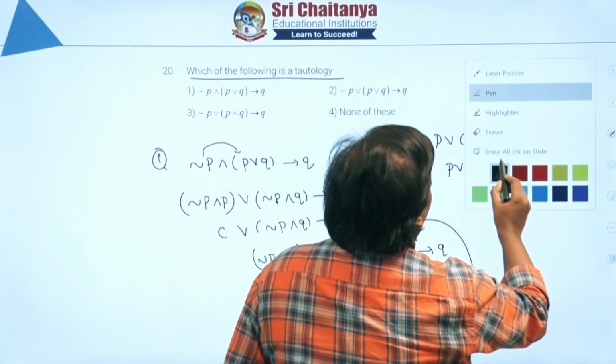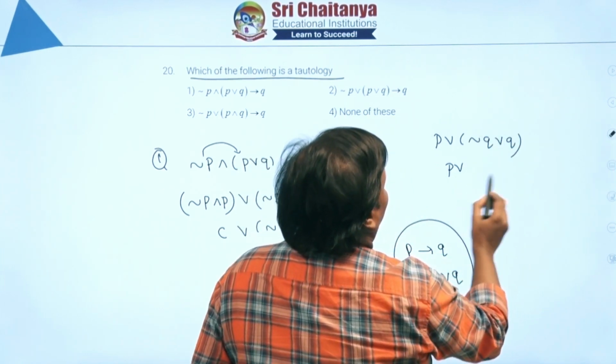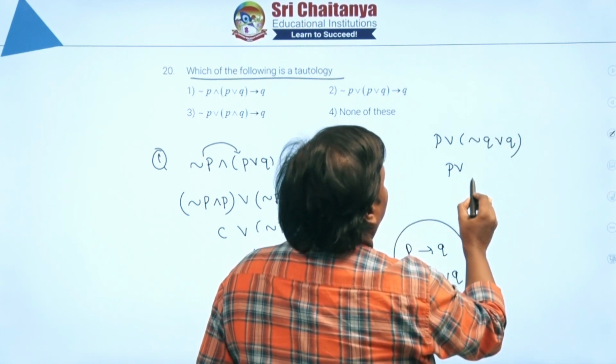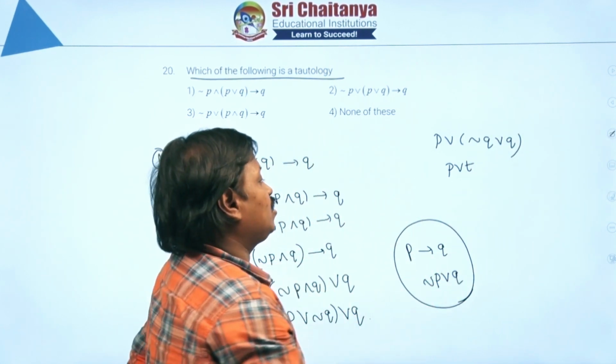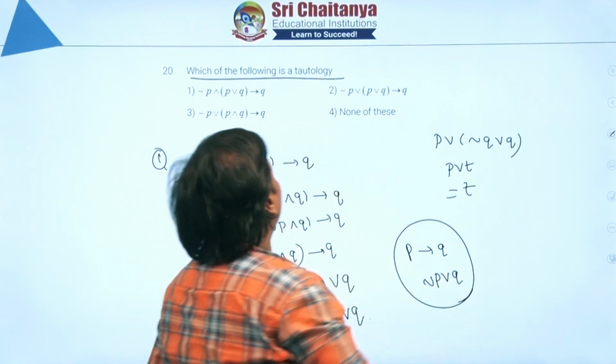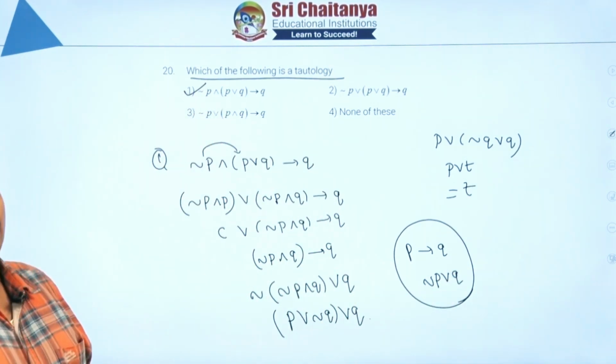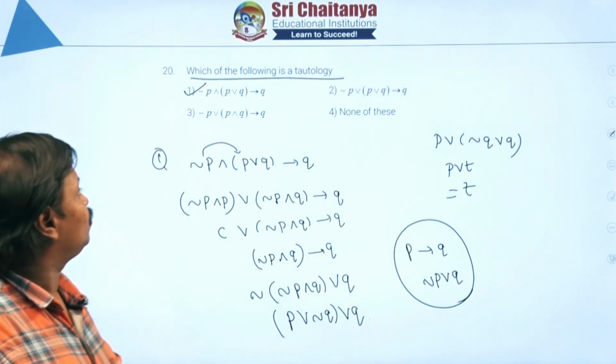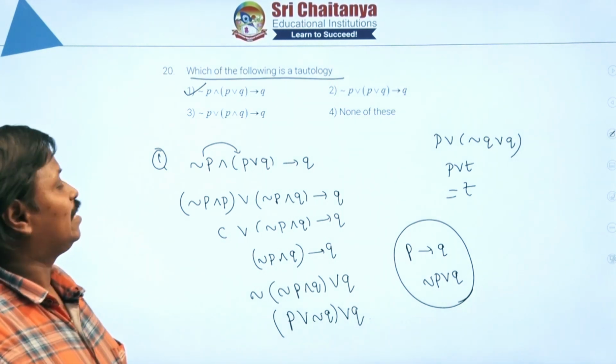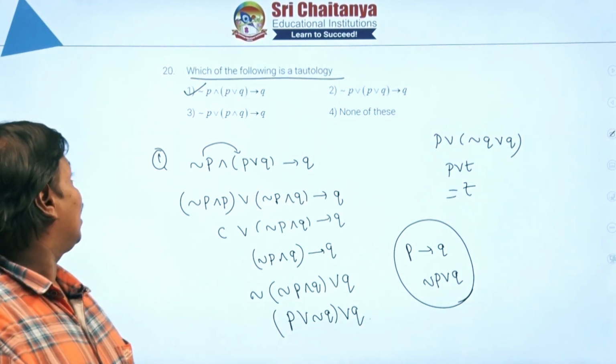So this tautology I can write as T. So P or T will give you again a tautology. So therefore, the first option is right. In the same manner, you can check the remaining 2 options also, then you can prove that the remaining 2 options are wrong. So the answer is 1 only.